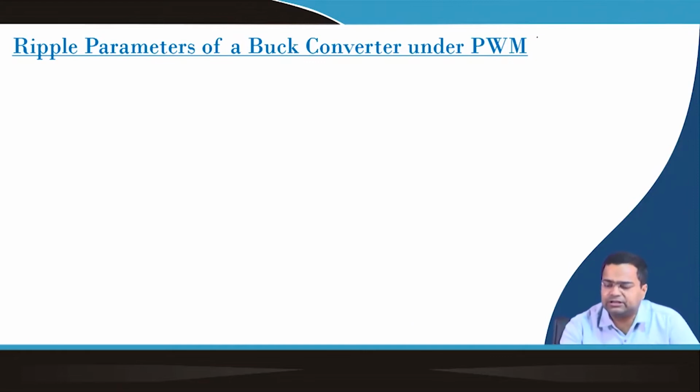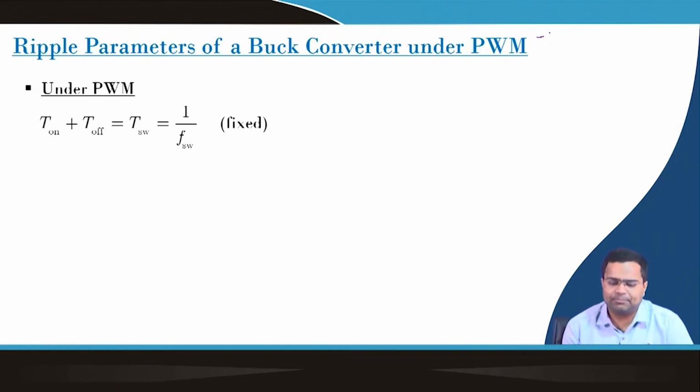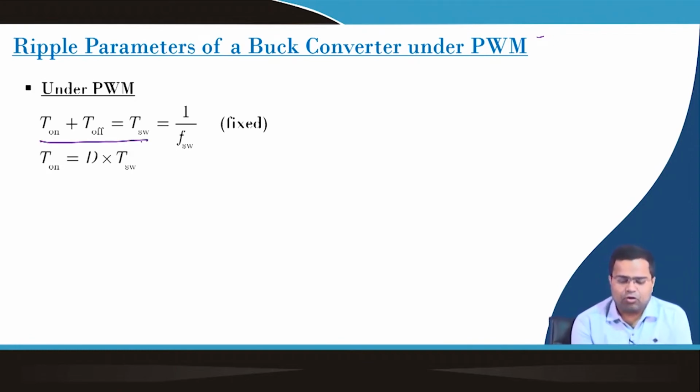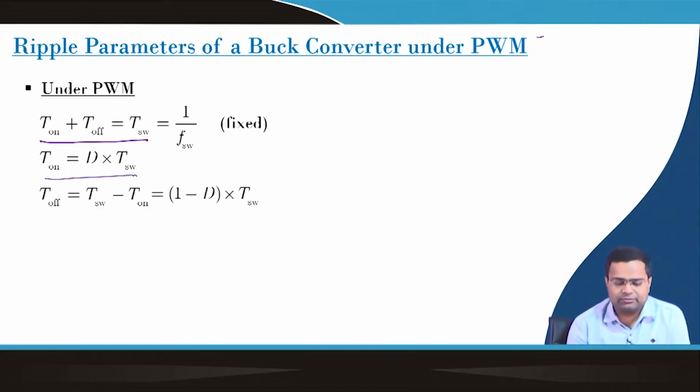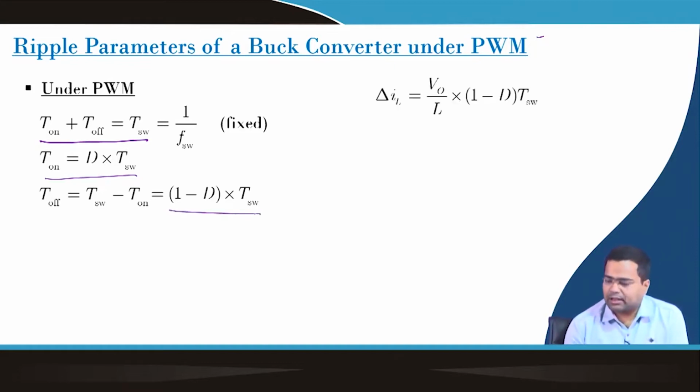Here we have considered pulse width modulation, but we can take other modulation also. Under pulse width modulation, the total time period is fixed, on time is D into total time, off time is (1 minus D) into total time, and then the current ripple can be written in terms of duty ratio.